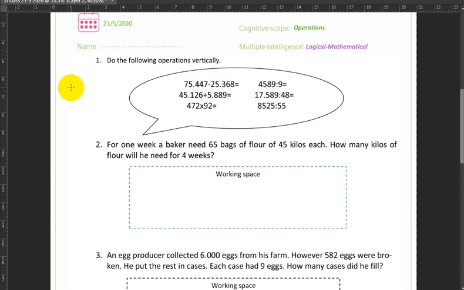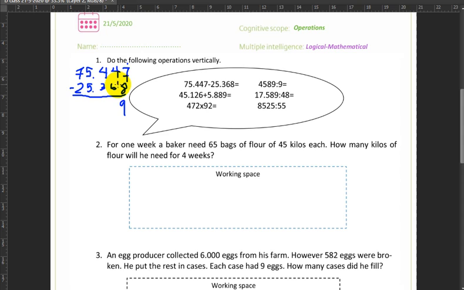75,447 minus 25,386. Let's write that. Can't do 7 minus 8, so I borrow and I do 17 minus 8, which makes 9.